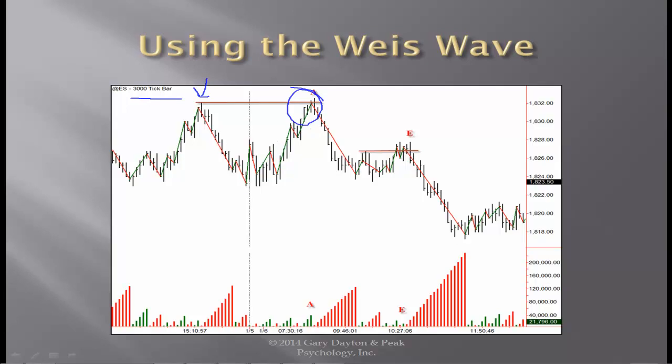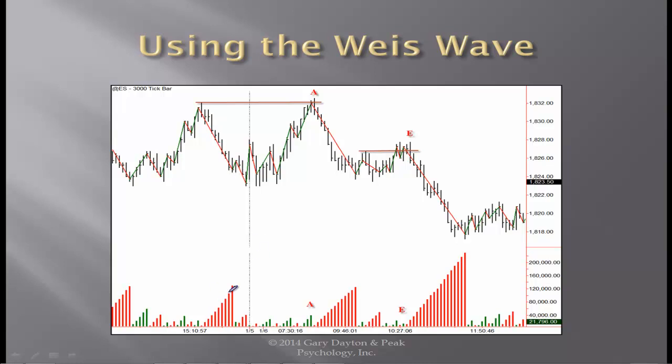What we use the Weiss wave for, a number of different things, and I'll talk more about it on Saturday, but one of the things is that it tracks the waves in the market. And I'm not going to go into details about how it's constructed at this point, but it's tracking the waves. So you can see a down wave here, and also the volume on that wave.